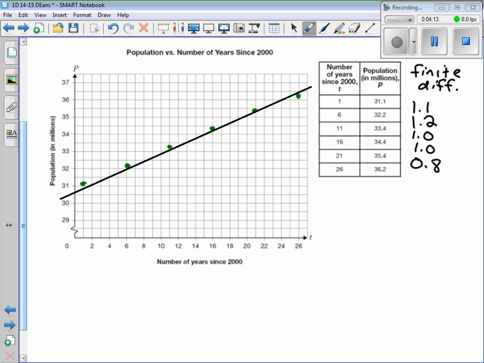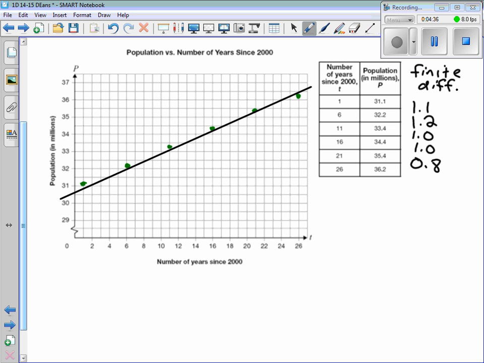So our two definitions of how we figure out if a relationship is linear or not are now in conflict. Our first differences are telling us, no, it is not. The graph that we have made is telling us, yes, it is. The finite difference thing is a little bit unreliable here because our first differences aren't exactly the same, but they're pretty darn close to each other.